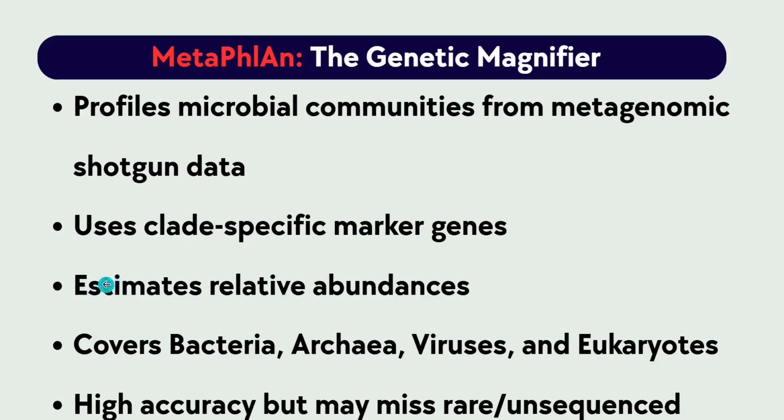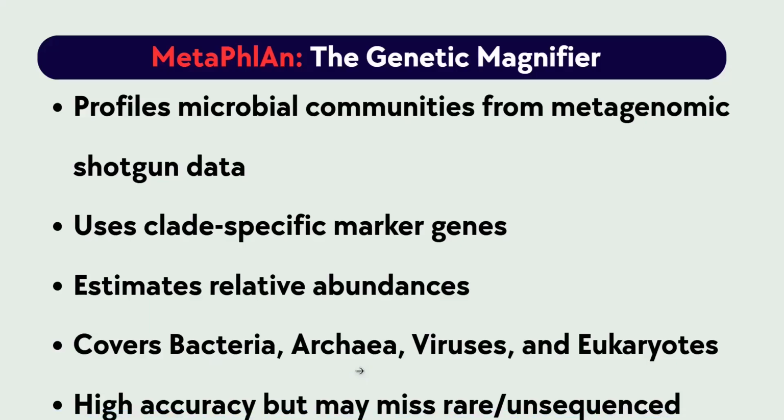The third point is that MetaPhlAn estimates relative abundances. It doesn't just tell you what is there, it tells you how much of each microbe is in your sample. The point before the last one says that MetaPhlAn covers bacteria, archaea, viruses, and eukaryotes.